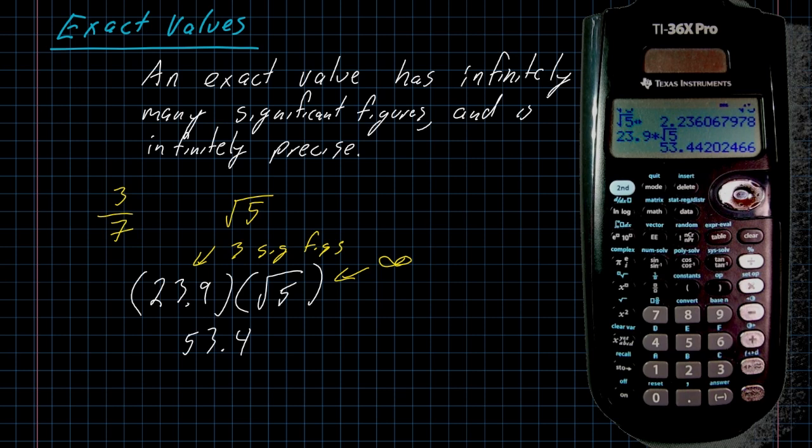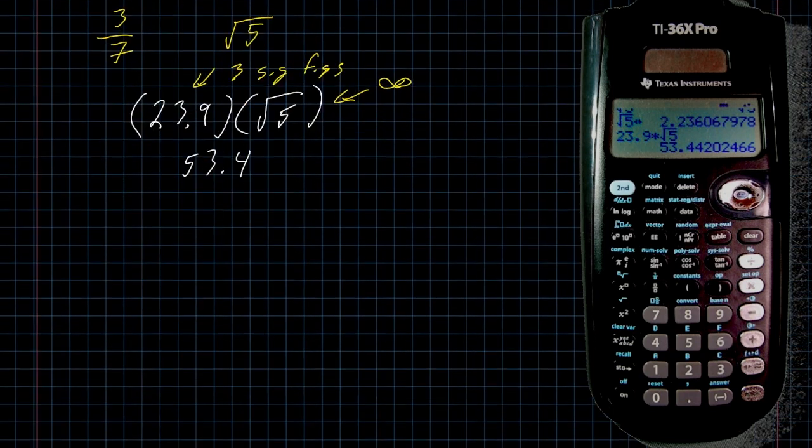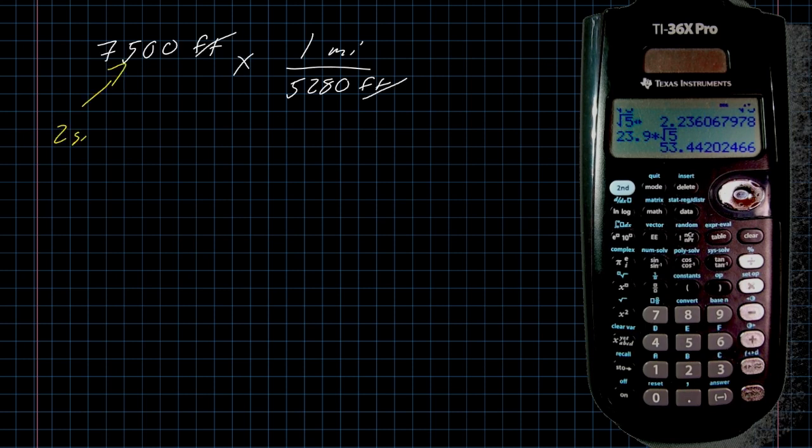This is an idea that you have already seen in our previous discussion, because unit conversion factors are all exact values. If I have 7,500 feet and I want to multiply that by 1 mile over 5,280 feet, well, over here I have something that has 2 sig figs.